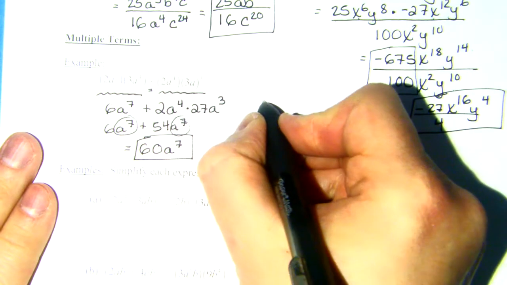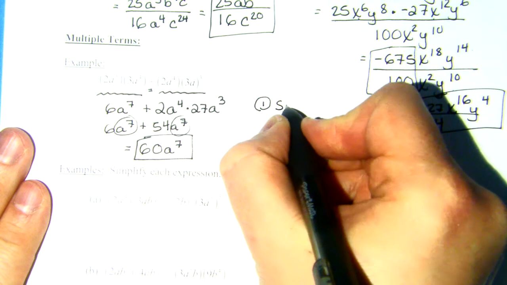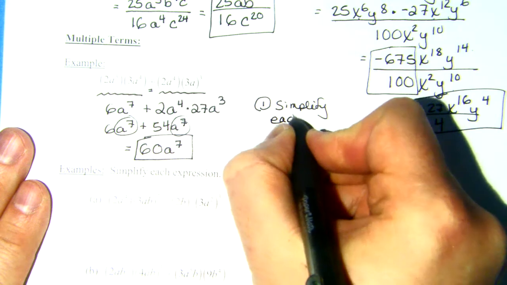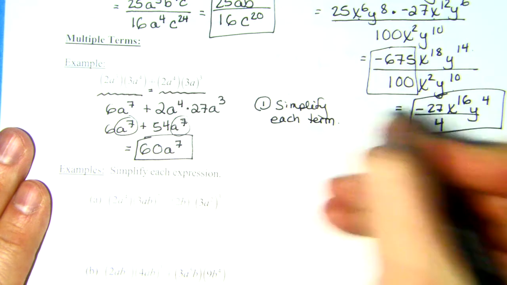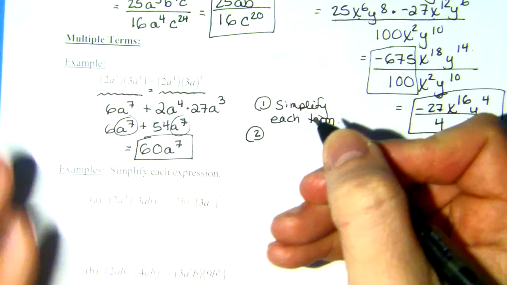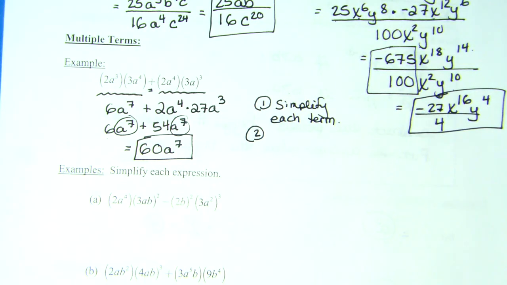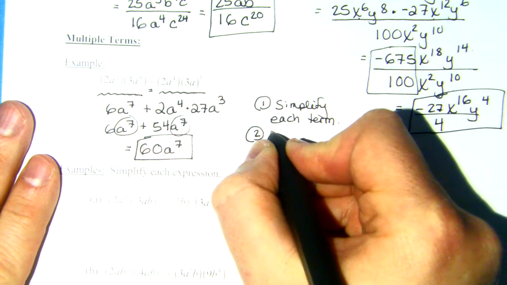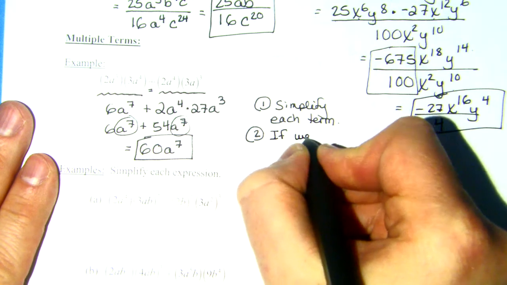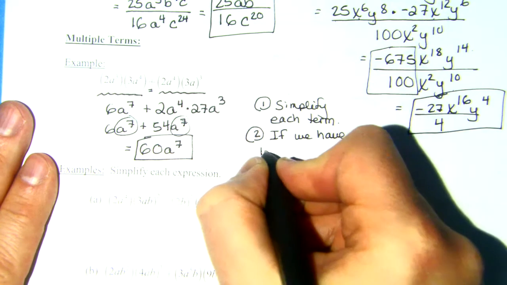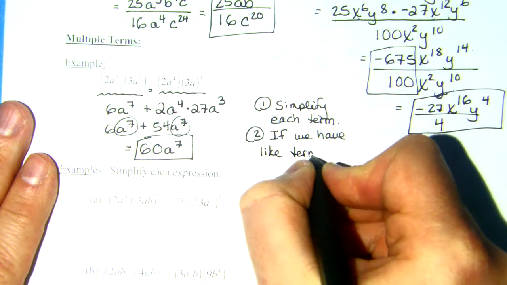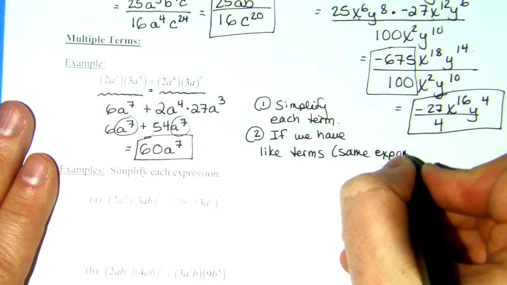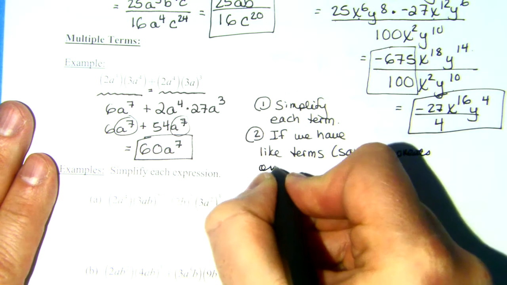What we need to do when we have multiple terms is first simplify each term. Then, if we have like terms, same variables with the same exponents, we can combine them.